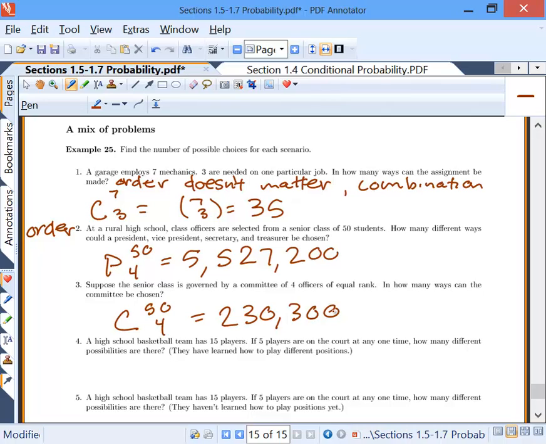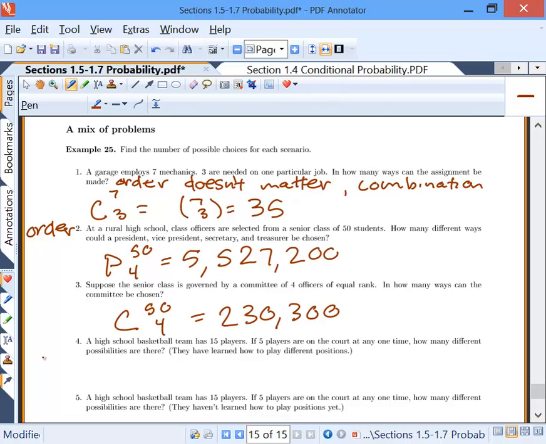For my next one, we have a high school basketball team with 15 players. If 5 players are on the court at any one time, how many different possibilities are there? It tells us that they have learned how to play different positions, so they know how to play guard, forward, etc. What do you think this one should be?